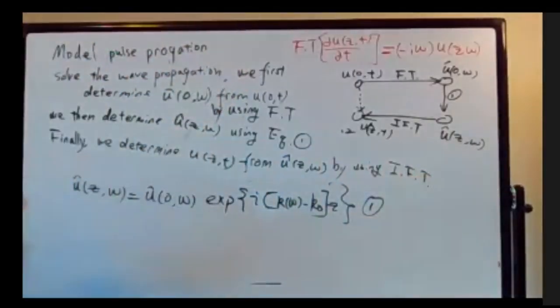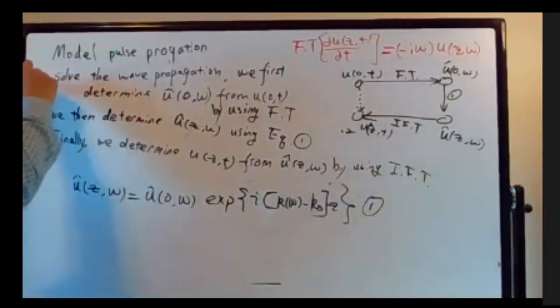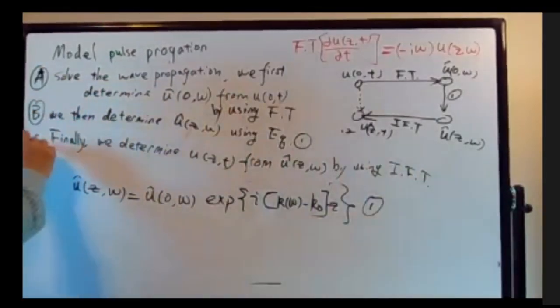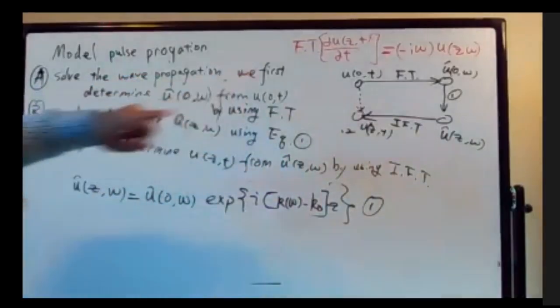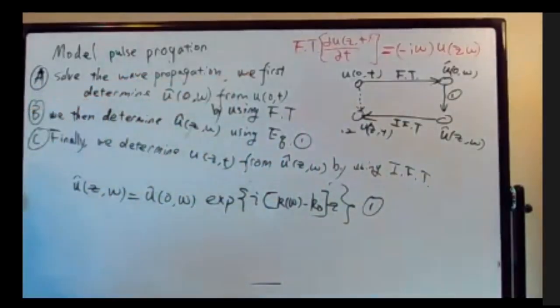So there's step A, step B, step C. Let me read: to solve the wave propagation, we first determine U hat 0 omega from U0t by using the Fourier transform.